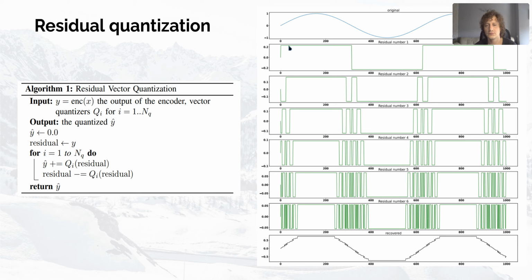So it's a very coarse quantization. It's binary quantization here, but whatever. We have this quantization of our signal. And then what we do, we subtract our quantized signal from our original signal. So you see, residual is y, we subtracted from y, and we have some residual left.